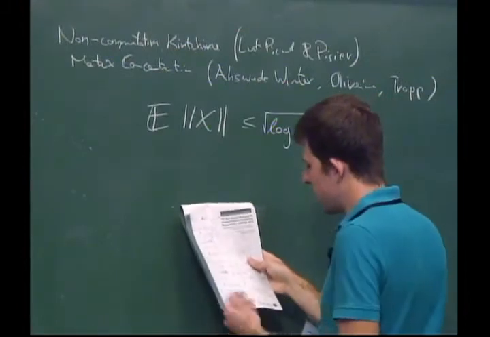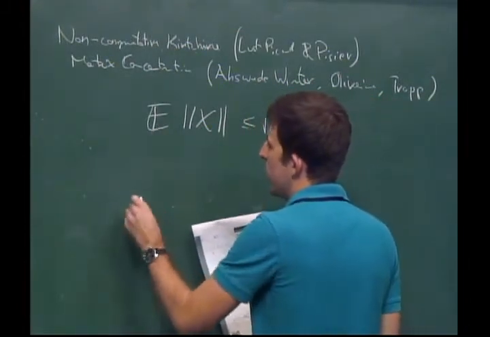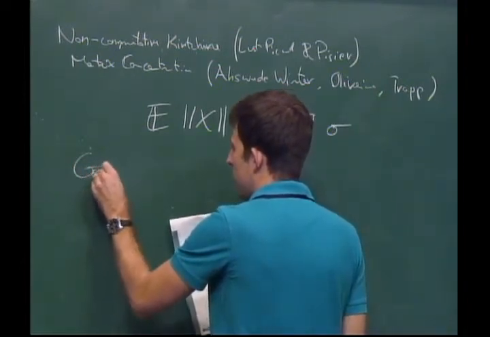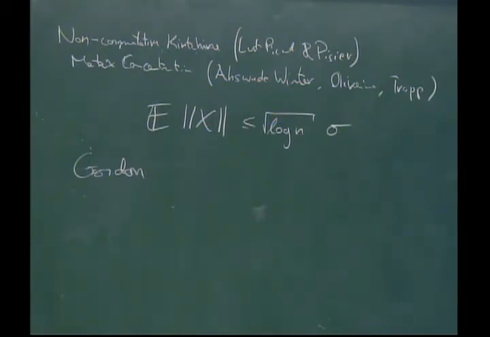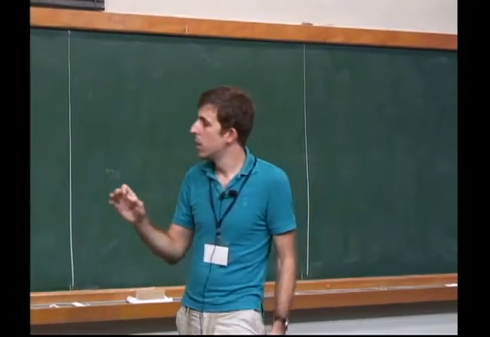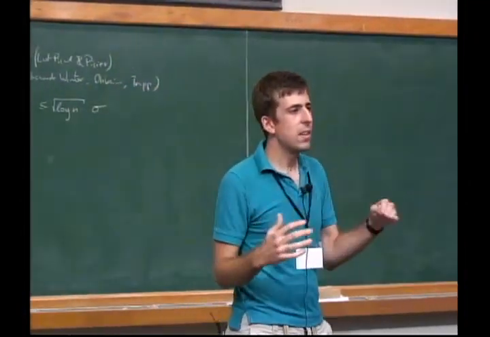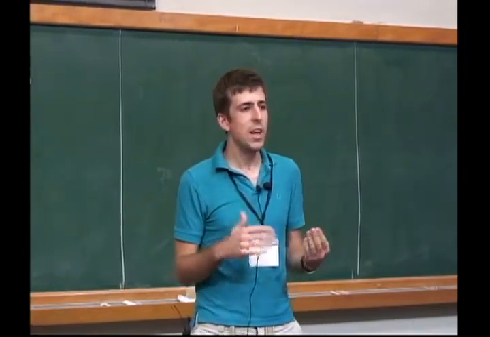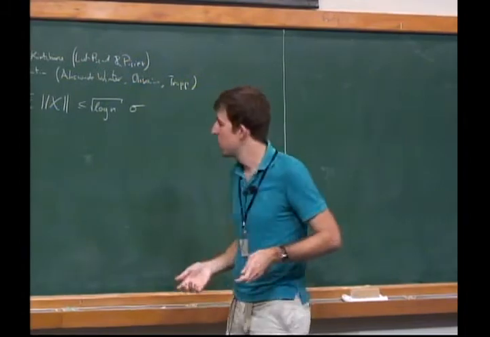On the other hand, there's another result that also applies to a much larger set of examples, which is due to Gordon. This is essentially a net argument. One way of thinking about it is what would happen if you compare with the Wigner matrix. Think of each entry as a certain b_ij. If all the entries had the value of the largest b_ij, then it would be a Wigner matrix, and the spectral norm, at least intuitively, could only be bigger.